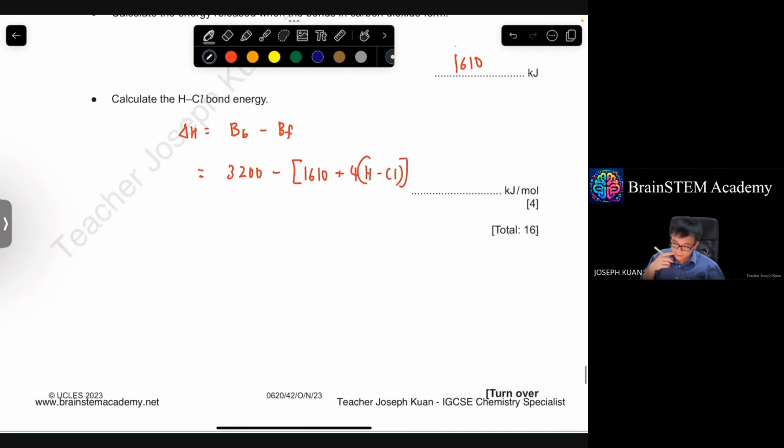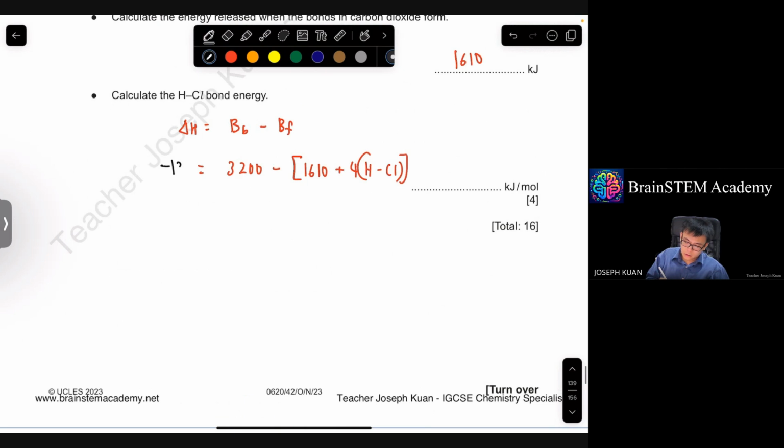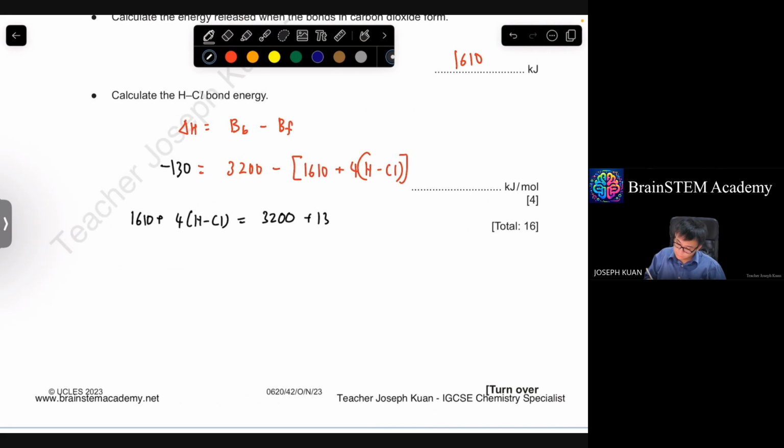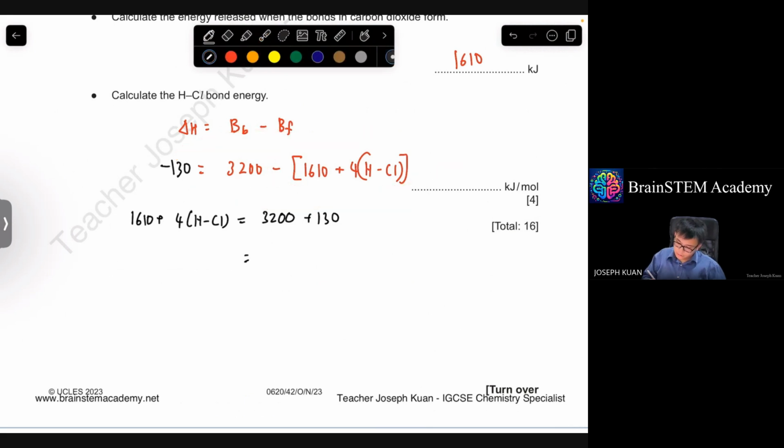So just, whereas for delta H is already given to you, it's negative 130. So just adjust the formula by doing it like mathematics, 3200 plus 130. Then I get 3330.